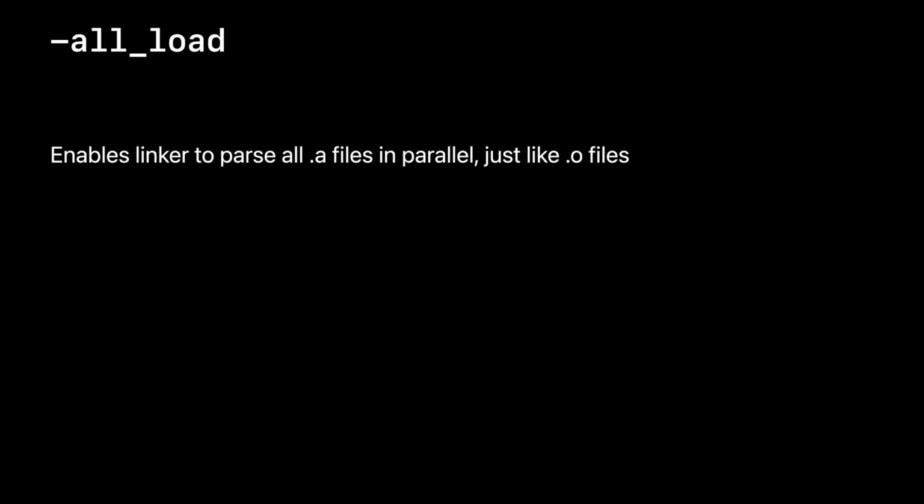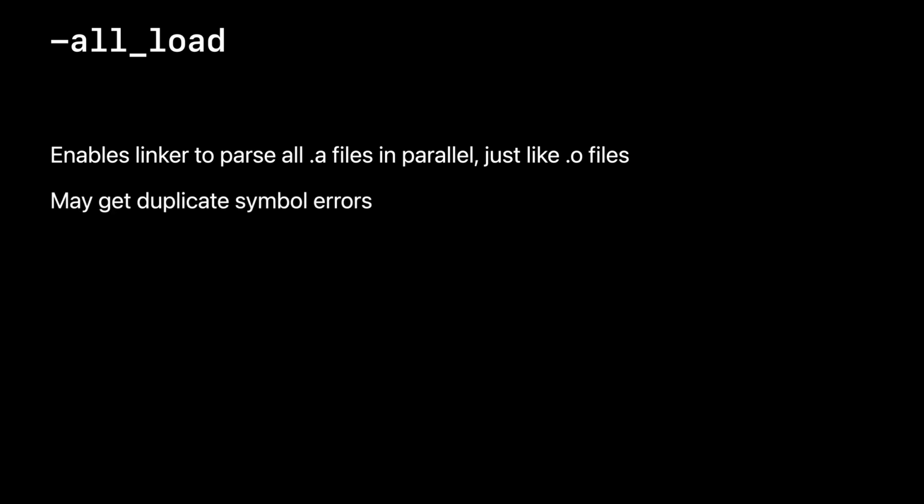It tells the linker to blindly load all .o files from all static libraries. This is helpful if your app is going to wind up selectively loading most of the content from all the static libraries anyways. Using -all_load will allow the linker to parse all the static libraries and their content in parallel.